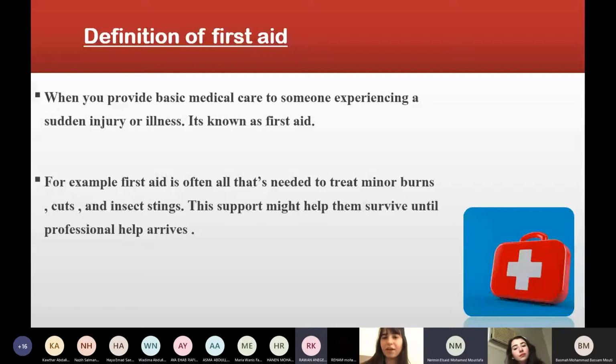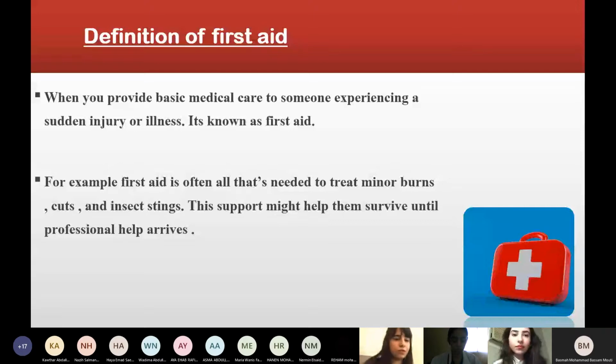Yes, Basma? Okay. You never know when you might need a first aid kit, so you always have to be prepared and have one in your home or your work or your car. Also, you can buy a first aid kit from a pharmacist, or you can create your own by buying products from a pharmacist.